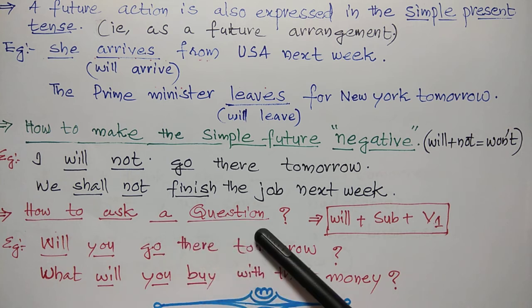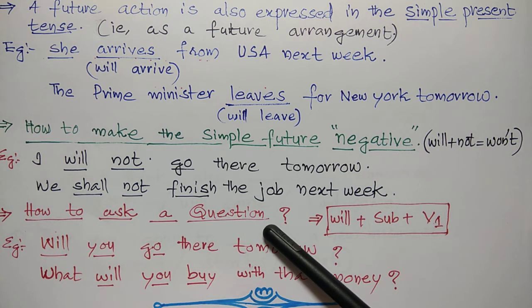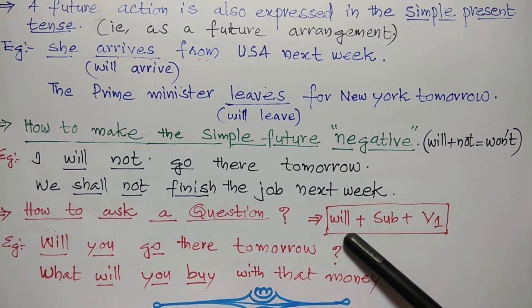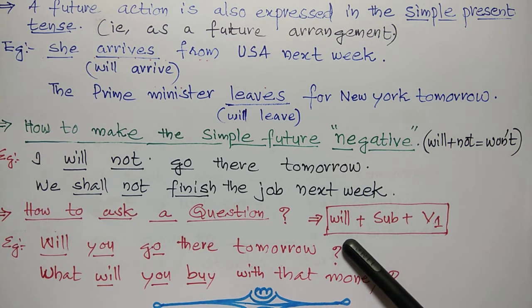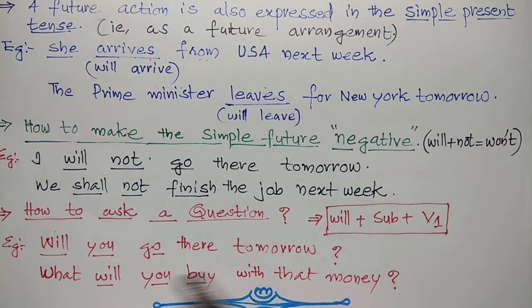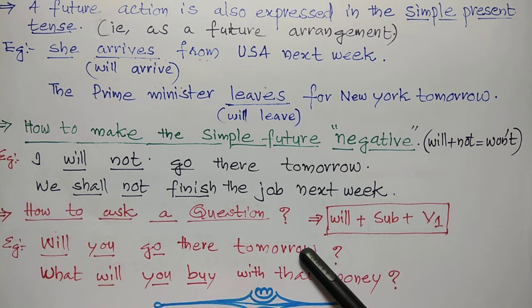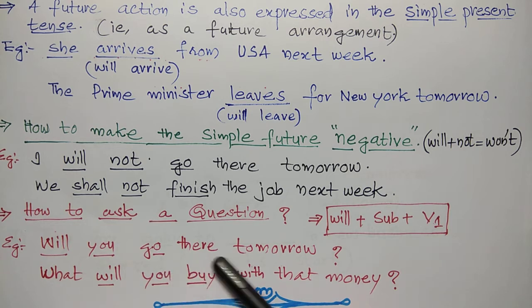How to make a question out of a simple future statement? For that, we need to interchange the subject and the auxiliary verb will. Will comes first. Will you go there tomorrow?